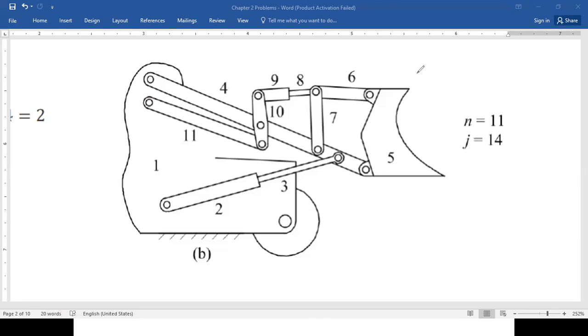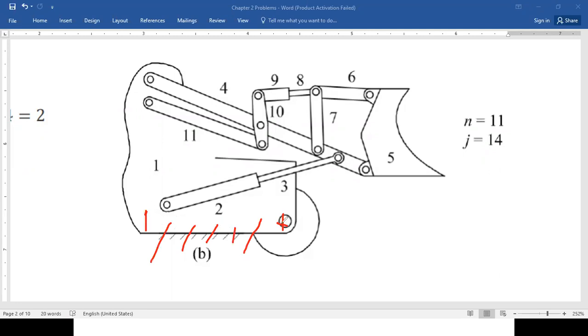So I will not count the wheel as a link, and I will not count the connection between the wheel and the body as a joint. Okay. Fine. So once I say this is my body of interest, I just want to consider it as my ground and I'm fixed with respect to it.